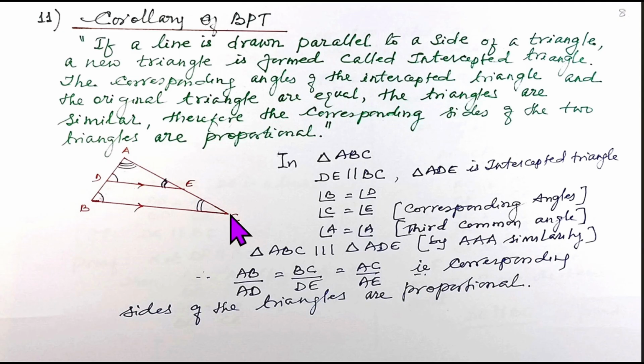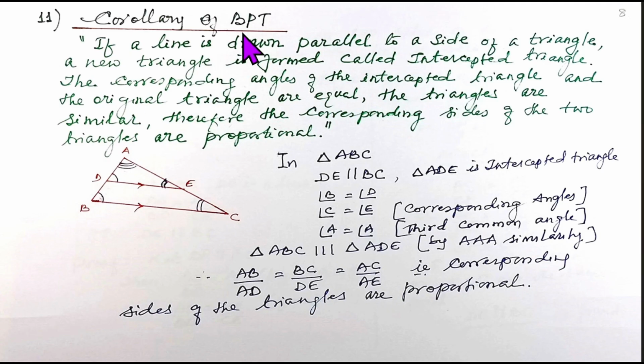That is what you have to remember, because we know that the condition for two triangles to be similar is that the corresponding angles must be equal. Here the corresponding angles are equal, therefore triangle ADE and triangle ABC are similar triangles. But also we know that if two triangles are similar, then their corresponding sides are proportional, and therefore AB upon AD is equal to BC upon DE is equal to AC upon AE.